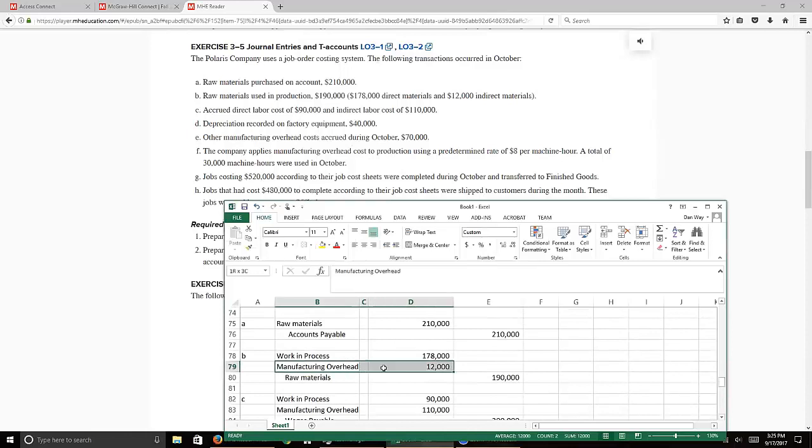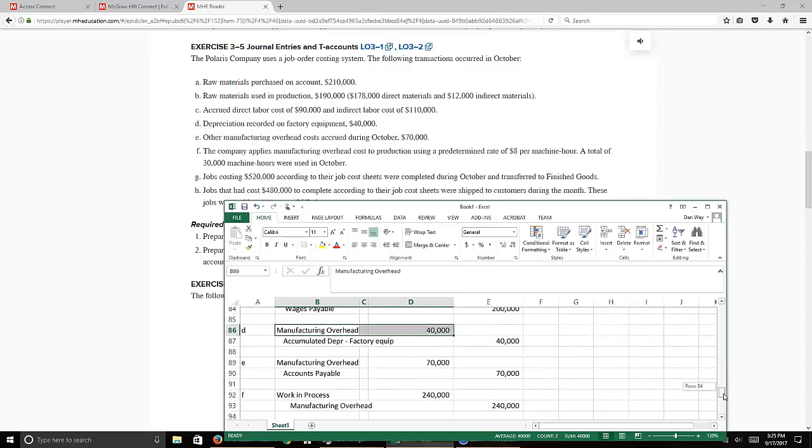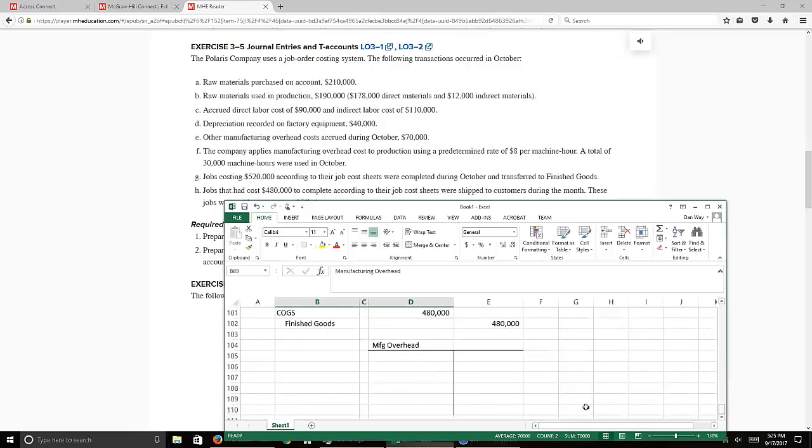We had our indirect materials, 12,000, our indirect labor, 110, and then our other overhead of 40, and then our other overhead of 70. So I'm going to plug all these in as debits. That was 12 for indirect materials, 110 for indirect labor, the depreciation on the factory equipment, and the other overhead costs of 70.